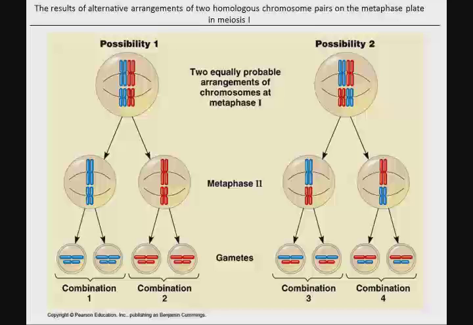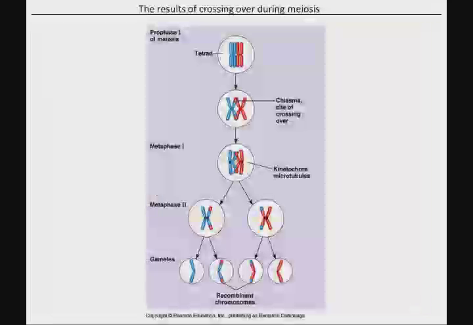So this idea is that even without crossing over, the chromosome you got from your mom and the one from your dad could line up randomly on either side of the metaphase plate, which can result in different genetics in the gametes. Right? It's combination 1, combination 2, combination 3, combination 4, and that's just because of the random alignment on the metaphase plate. Okay?